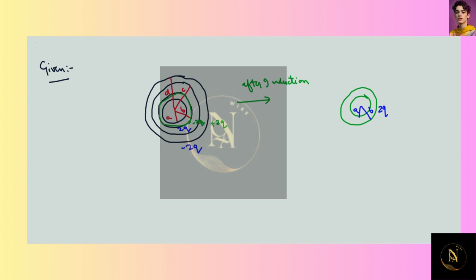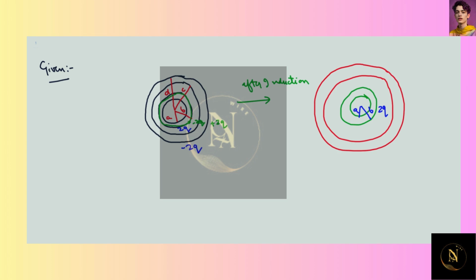Now going to the outer spherical shell. This has radius c and this has radius d. I have drawn it bigger to make it more clear. So this is radius c and this is radius d. After induction, we have minus 2q on this one and 0 on this one.